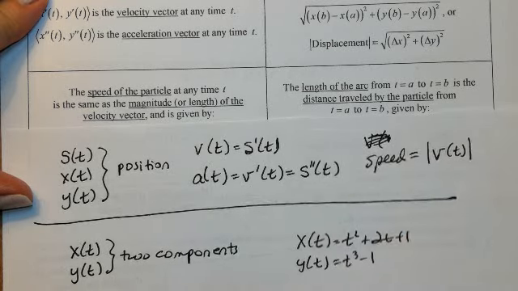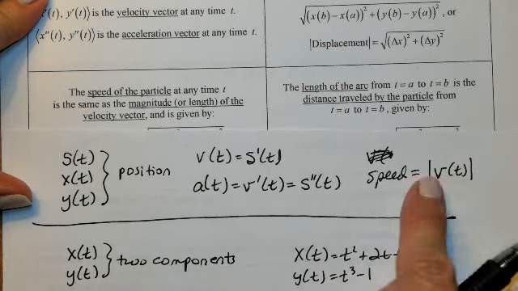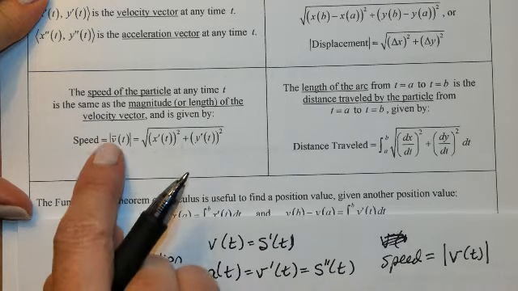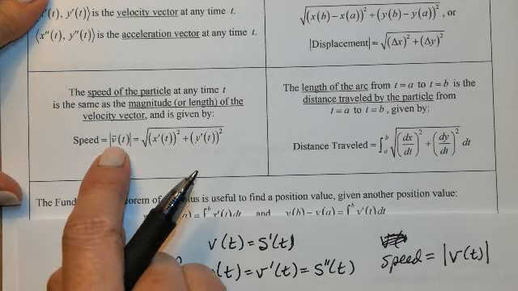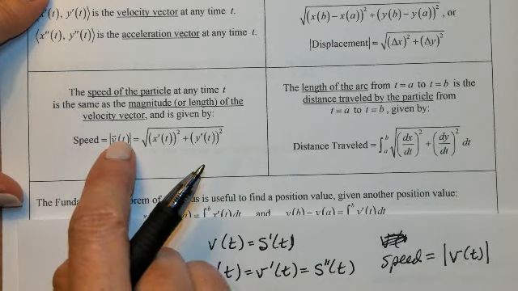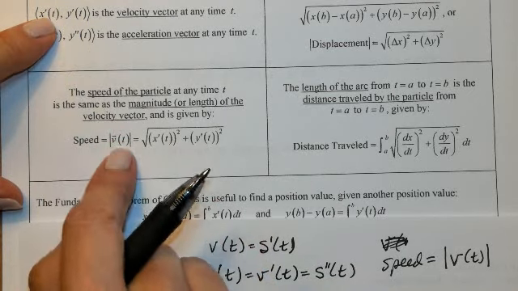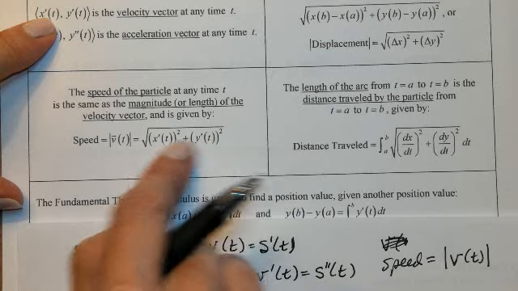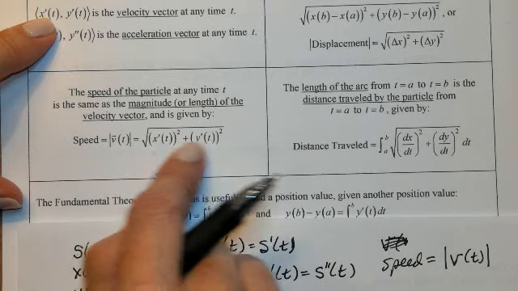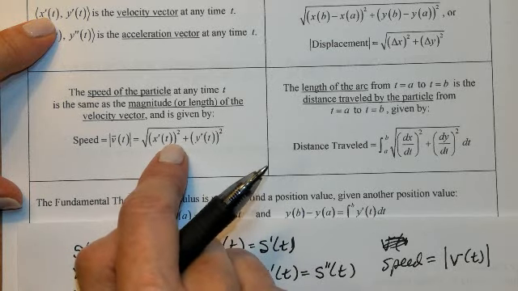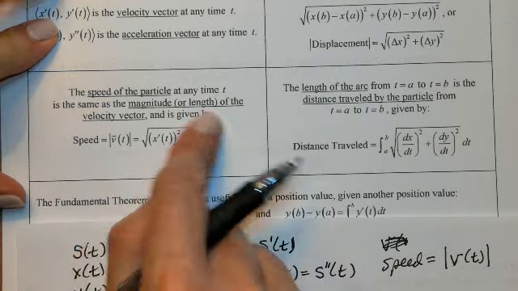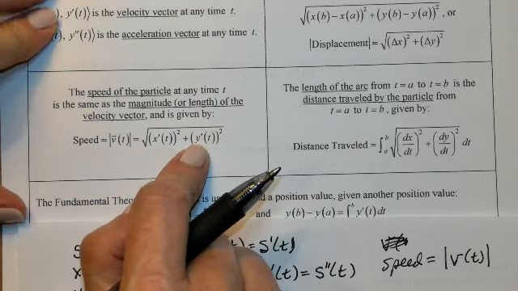So the speed will be the magnitude of velocity. In this case, though, velocity is a vector. So it's not just the positive of each of these. It is the distance. It's the magnitude. So it's the distance of that vector. Again, we'll be doing an example of this. I think that makes sense.